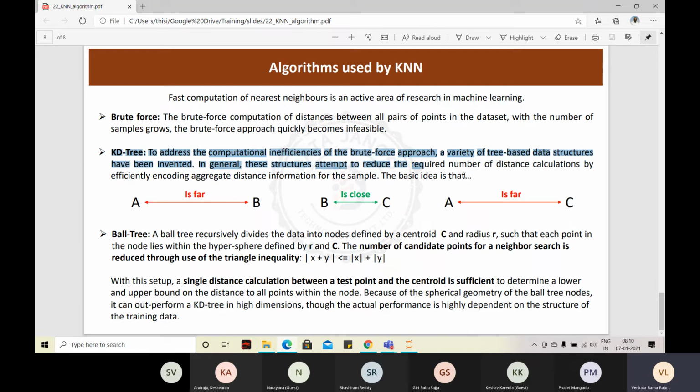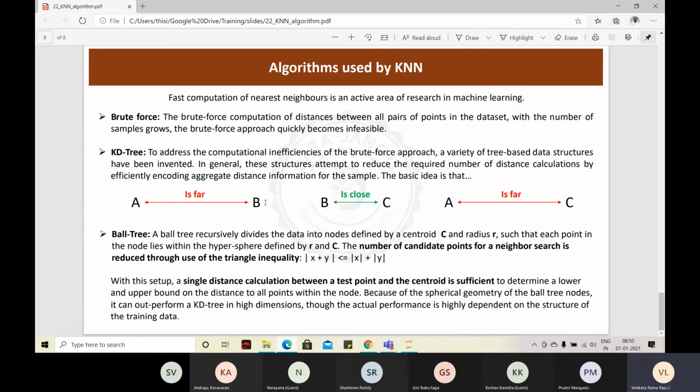So the KD tree will try to build a tree of records with closest distances. By looking at the tree, you can say whether a record is close to another record or not. Suppose C is the new record.